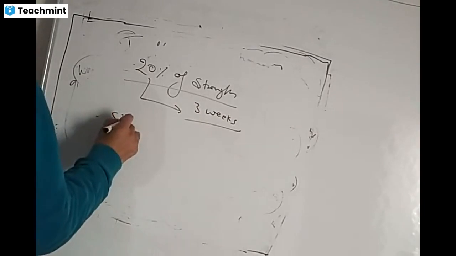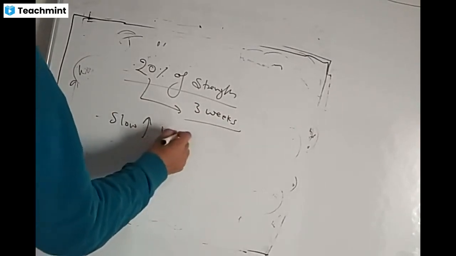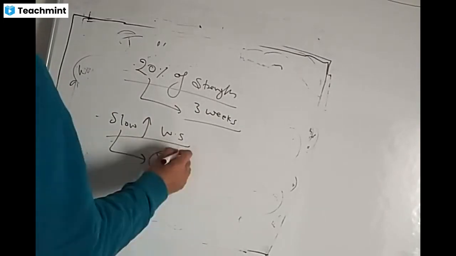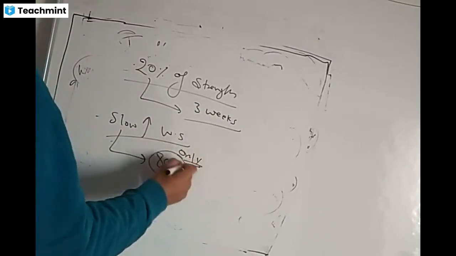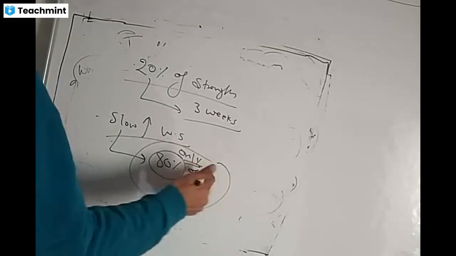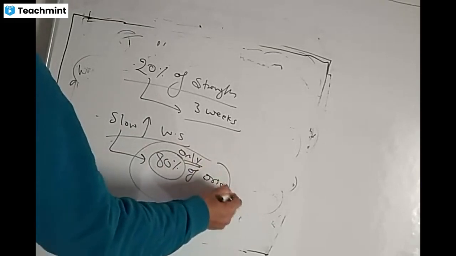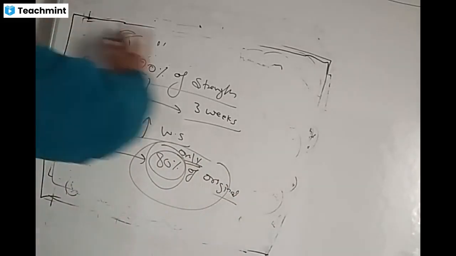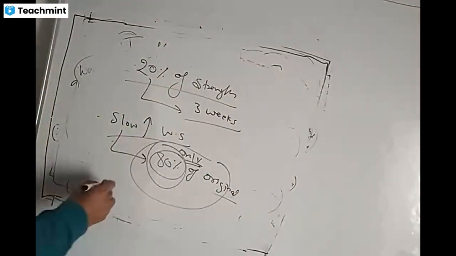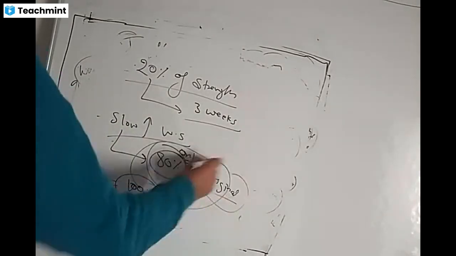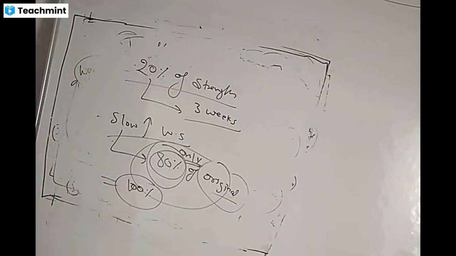Then there will be slow increase in the wound strength and 80%. I should write only 80% of the original wound strength will be there. It means after the natural process of healing is over, you will never get 100% original wound strength. There will be only 80% of original.